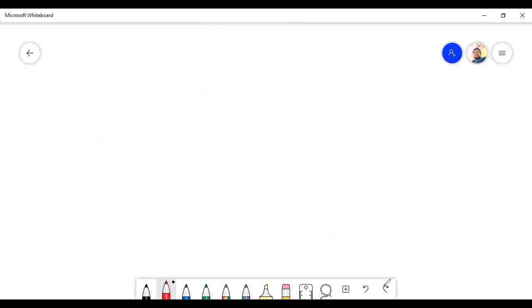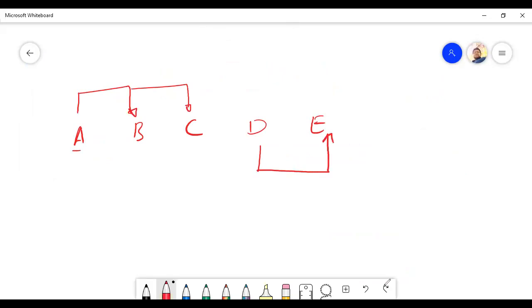Okay, now A, B. Okay, now it's a primary key. Right, now you can see, guys, A, B, C. So B and C depend on A. E depends on D. Right.